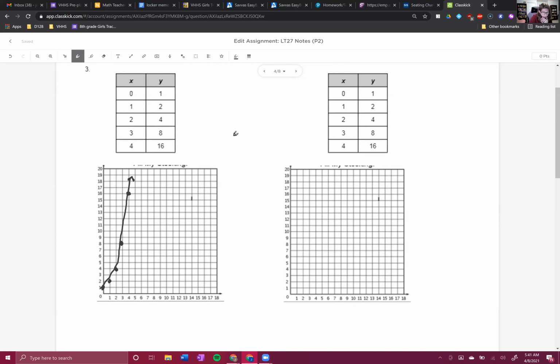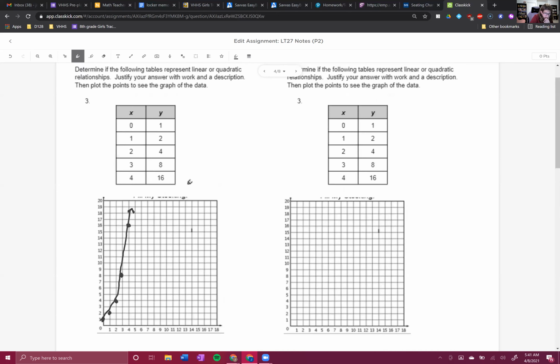So when you look at this graph, one thing I can tell is it's not a line. I guess maybe it could look like a parabola if it was mirrored on the part that we can't see.